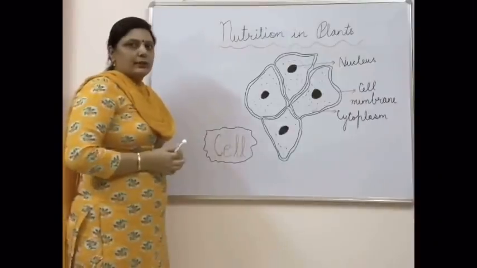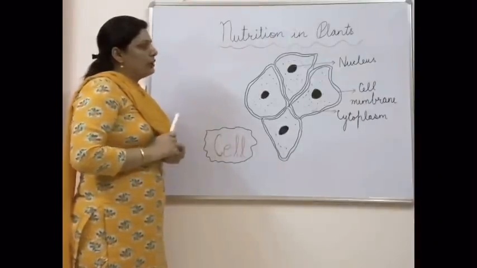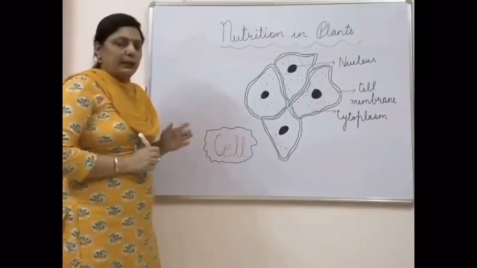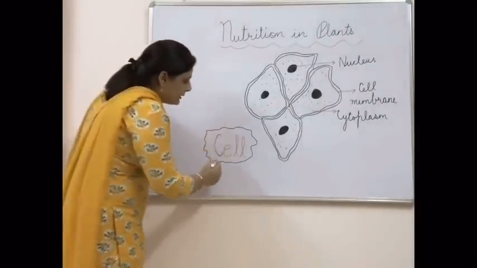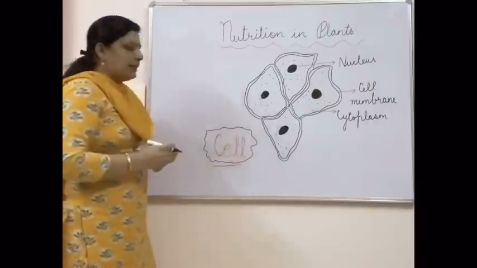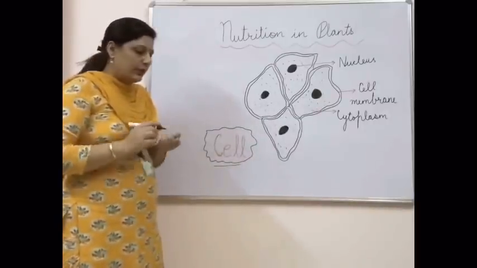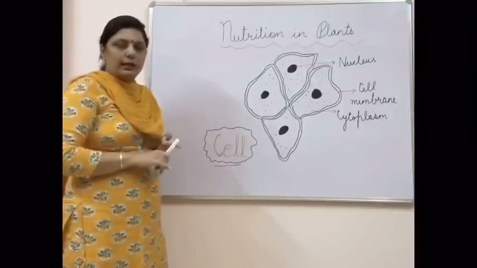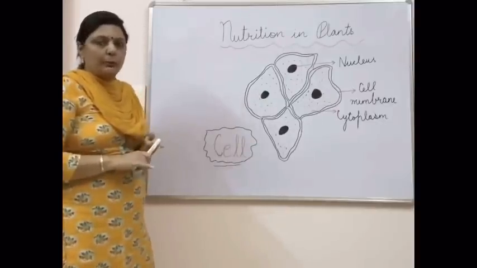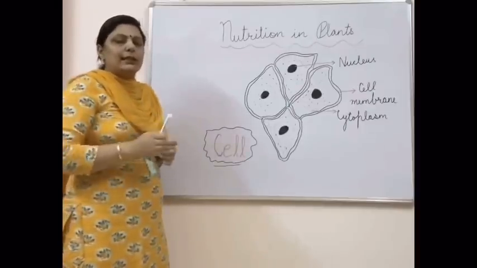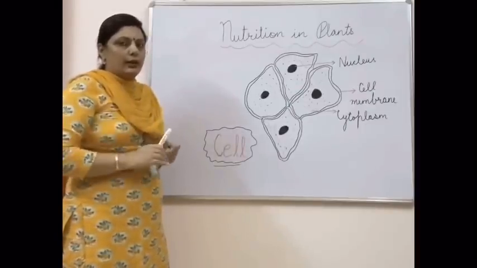Before we discuss the modes of nutrition in detail, first you should know about one main thing, and that is the cell. The cell is the building block of all living organisms, whether plant, animal, or human being. Like bricks make a building, cells make a living organism.